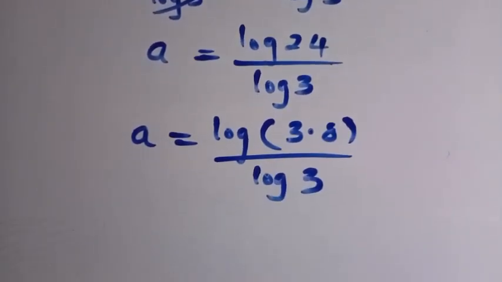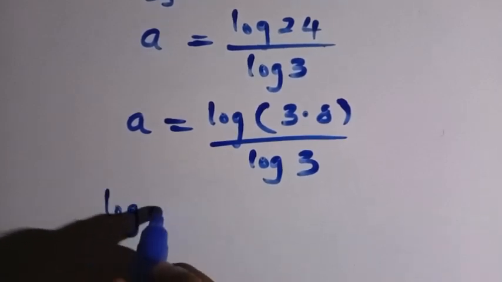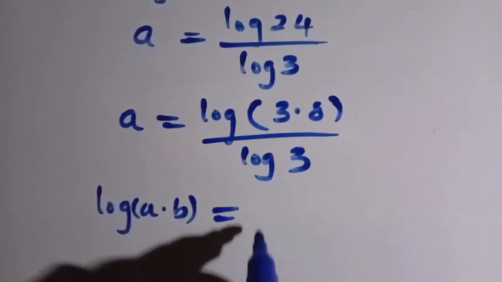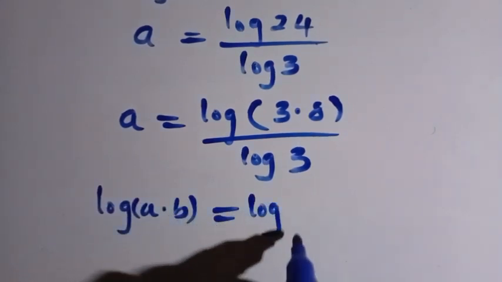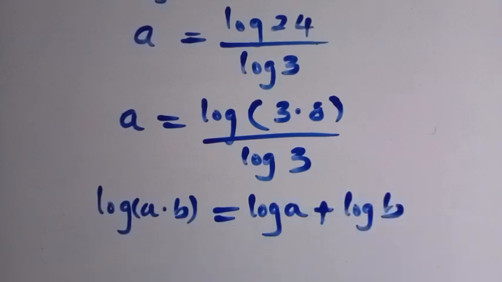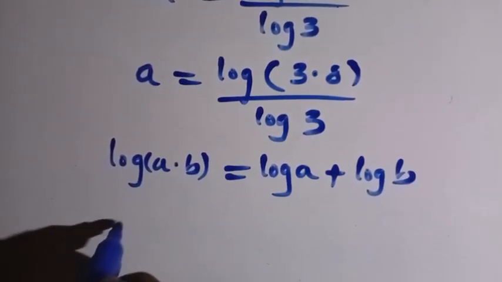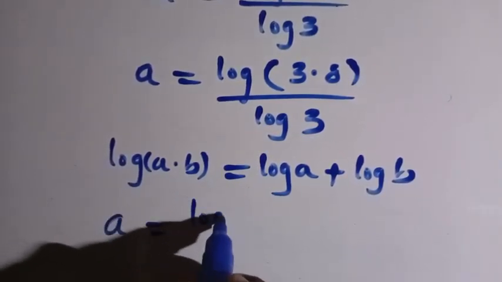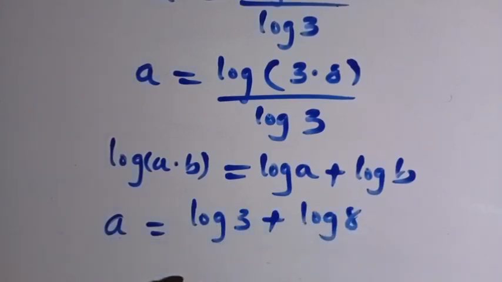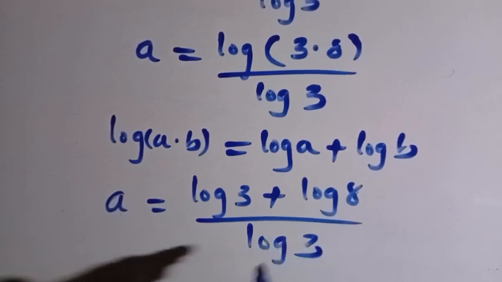And from this numerator, we have log a times b, which is the same thing as log a plus log b. Applying it above, we have a equals log 3 plus log 8, divided by log 3.